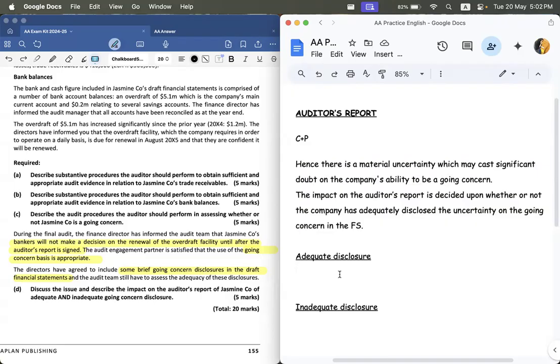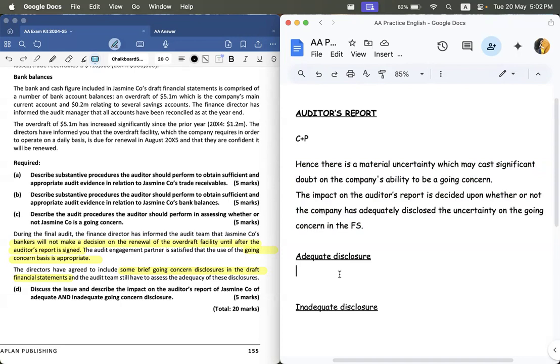In this paragraph, he would indicate that there is a going concern uncertainty, and he cross-references to the disclosure notes that the company provided in the FS.